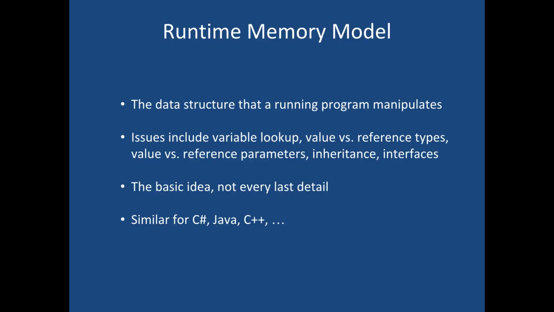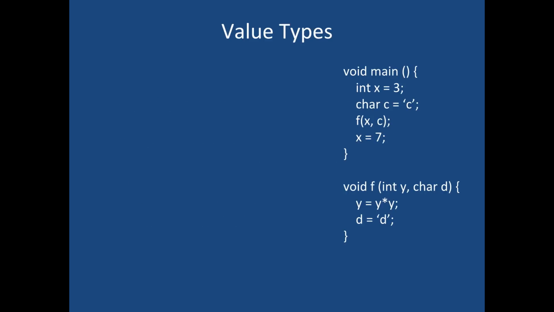The issues I'm going to show you how they work are variable lookup, value versus reference types, value versus reference parameters, and we're also talking about inheritance and interfaces. I talked about the model before. I'm going to expand it a little bit and try to show you a few more details. I'm not going to show you every last detail, but I'm going to show you a lot.